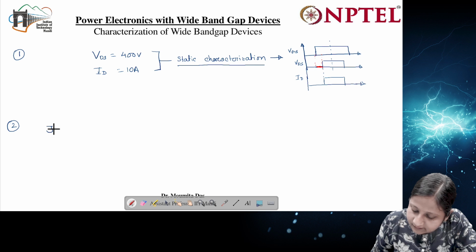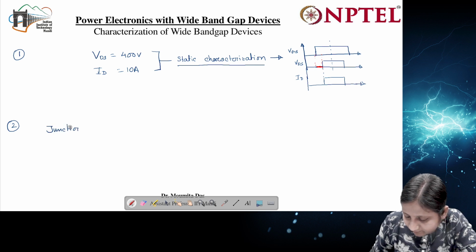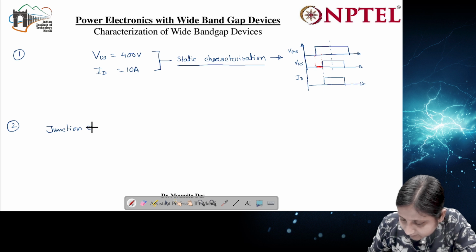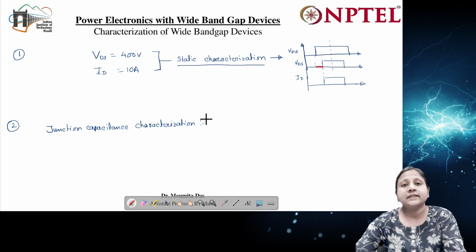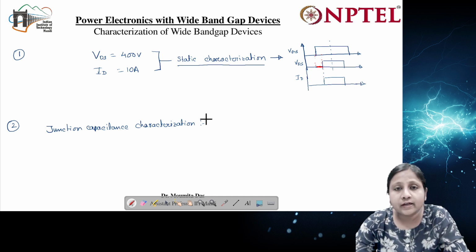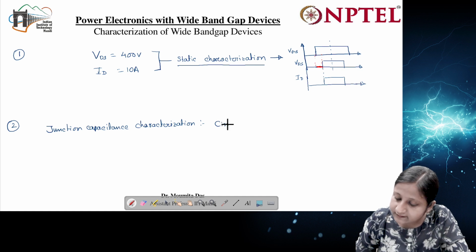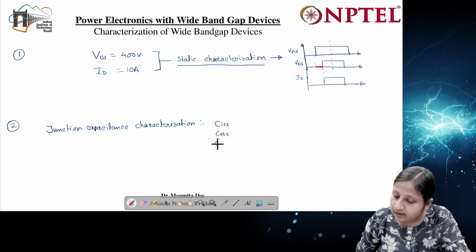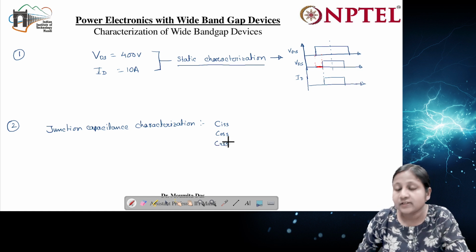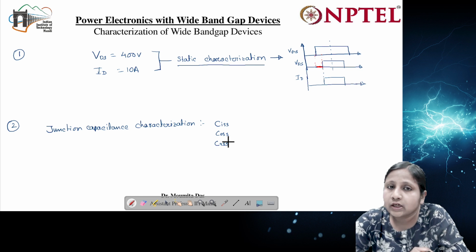So junction capacitance, these capacitances, you know, in terms of CISS, input capacitance, COSS, output capacitance, and then CRSS, reverse transfer capacitance of the device.